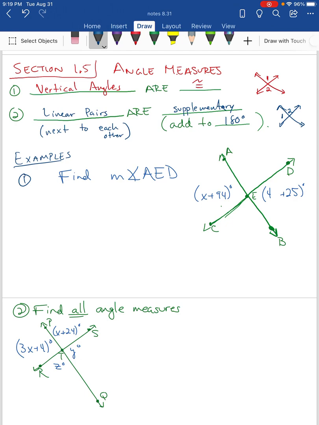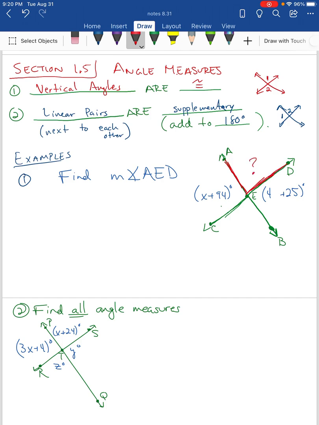We are going to do a couple examples that will apply vertical angles and linear pairs to find angle measurements. For the first example, we need to find the measurement of angle AED. Angle AED is this angle right here.